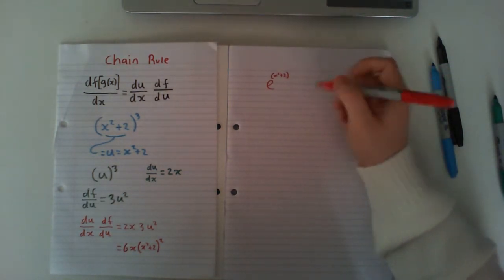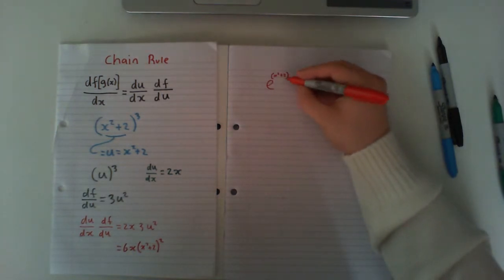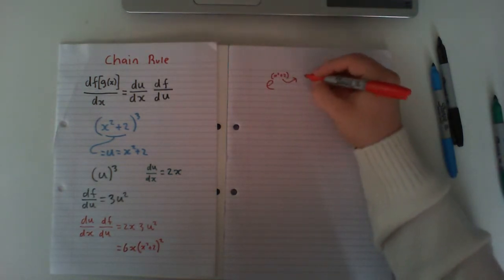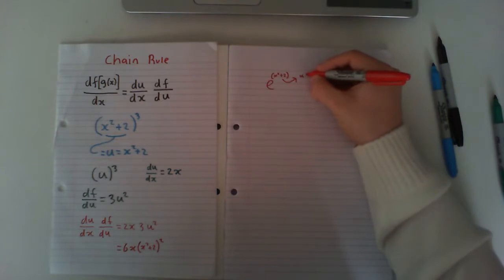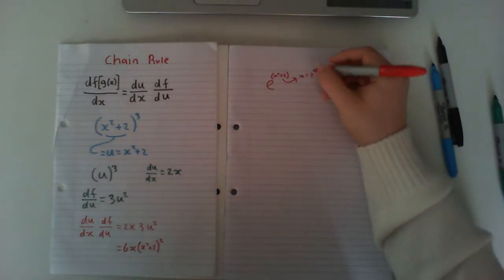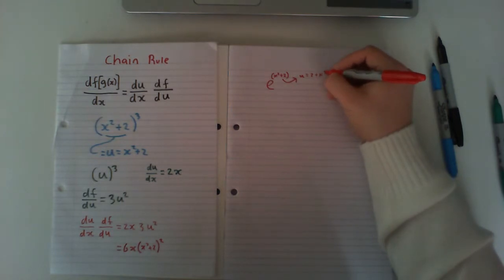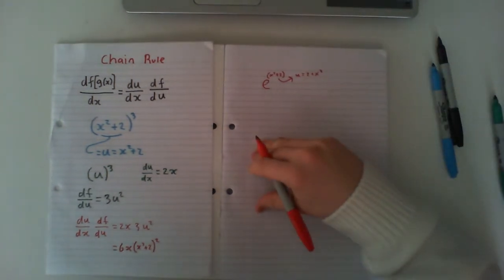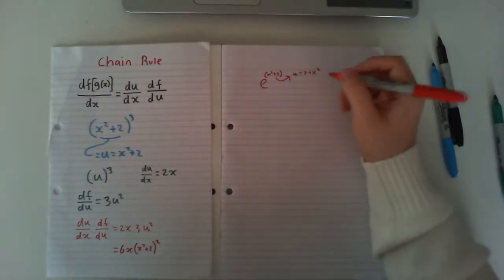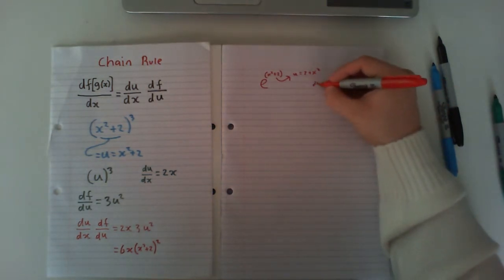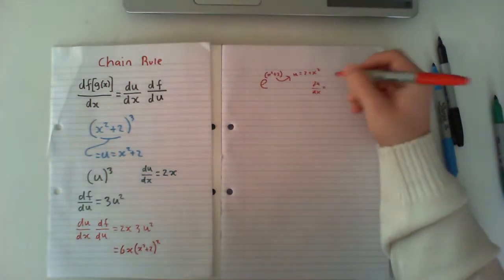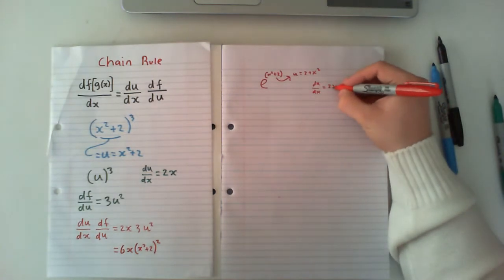So we need to find our u, and we know what our u is now. So our u again is equal to x squared plus 2. And that means we know what our du by dx is, because this is just 2x.